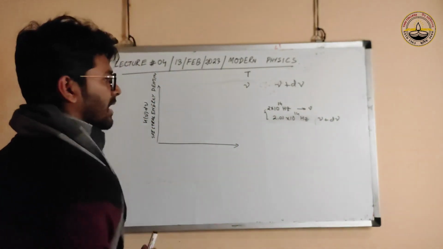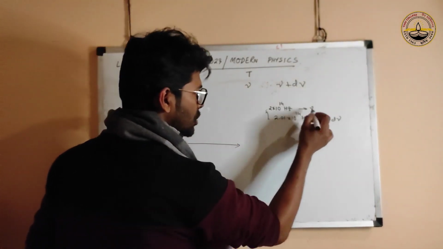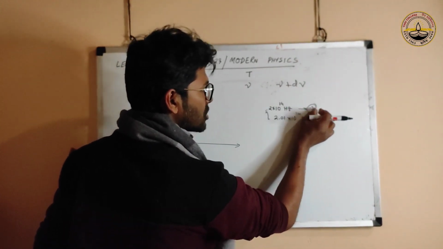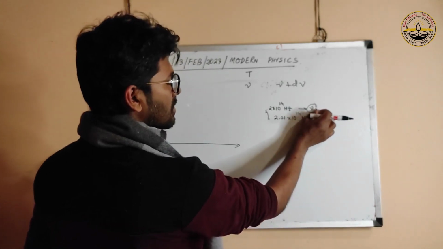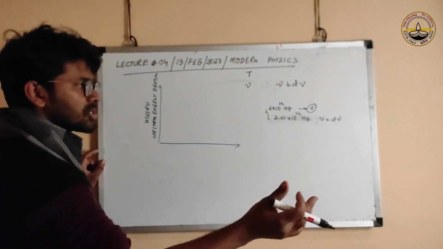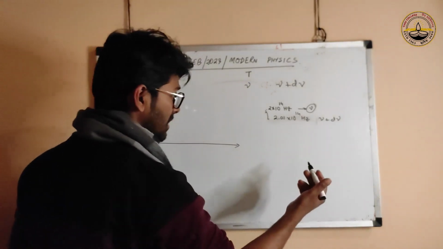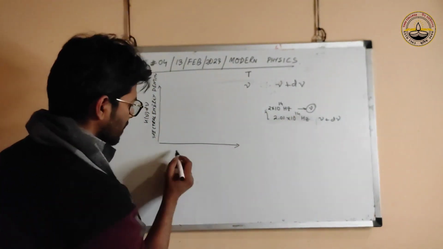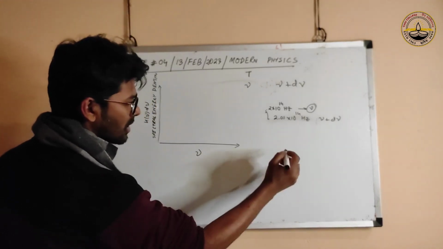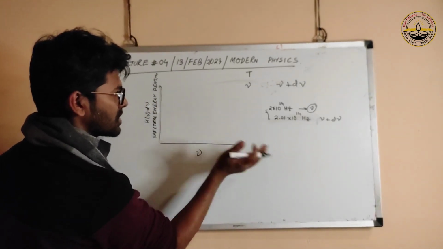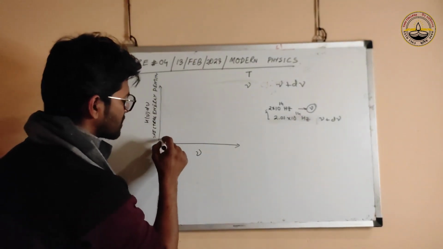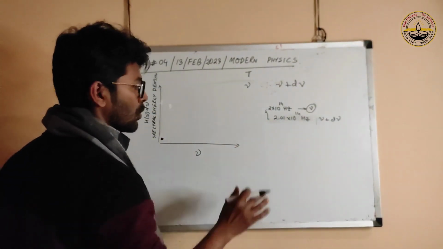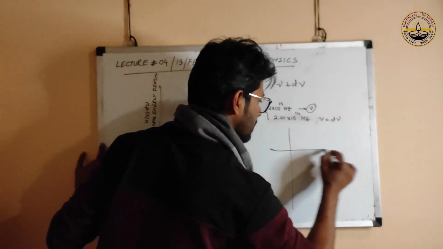So we chose a frequency and then a slight range around it, calculated how much energy is radiated, and plotted that for every such frequency. So we will have a new axis in this direction, frequency, and the spectral energy density. If we did the experiment, we will get some data points.